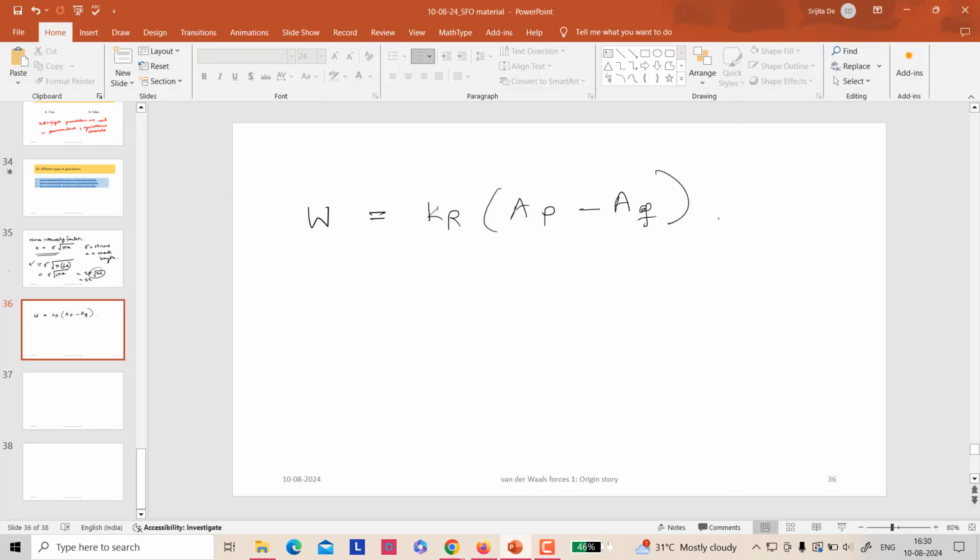So what is the number of particles? Suppose, as I said last week, there is a single particle. It has diameter dp, so what will be its volume? That will be 4/3 pi dp by 2 whole cube, right?